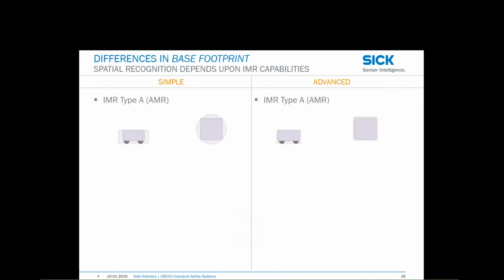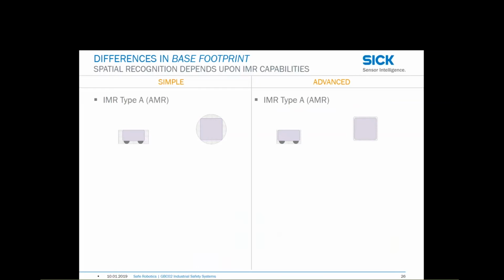When we think about the IMR type A, just the mobile platform, a simple or non-smart implementation, it can navigate and object detect, but this is like your Roomba, your iVacuum running around. It really doesn't have a good picture of what it sees or what the space is. It's just bumping its way around, and therefore needs a little bit more space around it because it's really not navigating with any exactness.